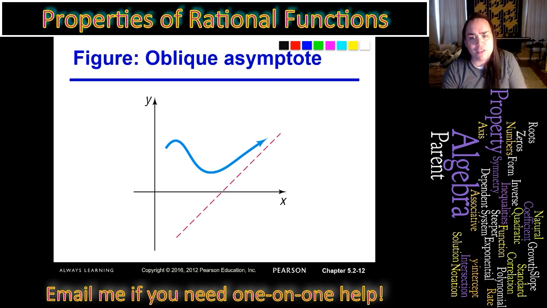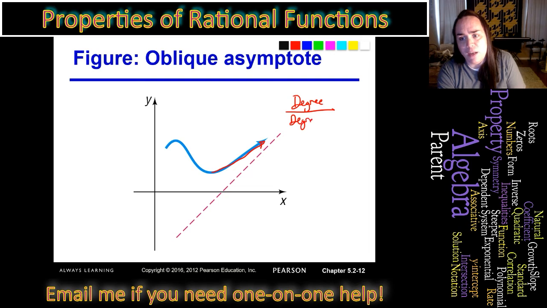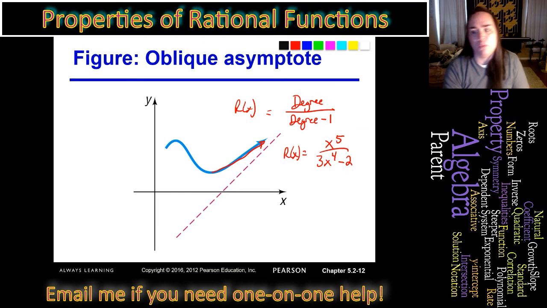There's also a third type of asymptote. It's an oblique asymptote. And this happens when the function has a degree on top that is one more than the degree on bottom. So for example, if I say r of x equals x to the fifth over 3x to the fourth minus 2.